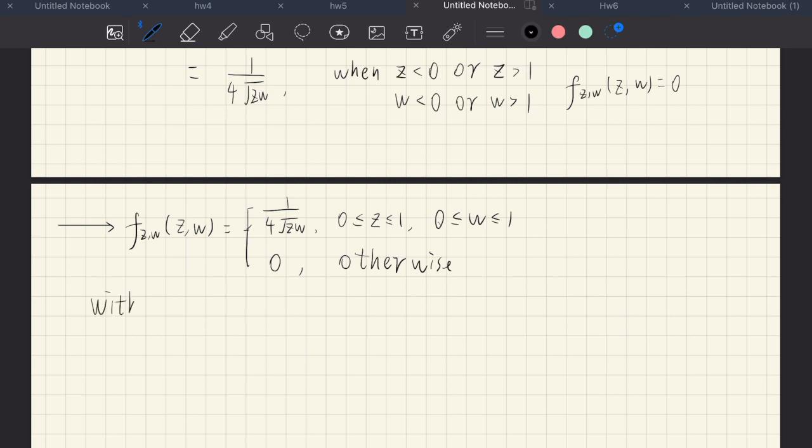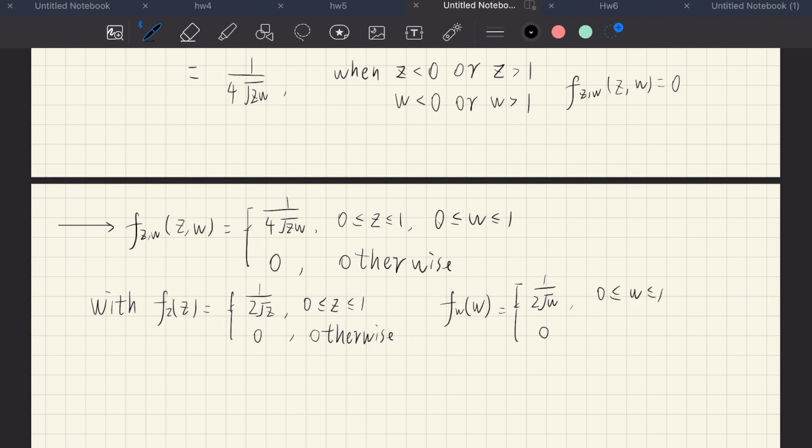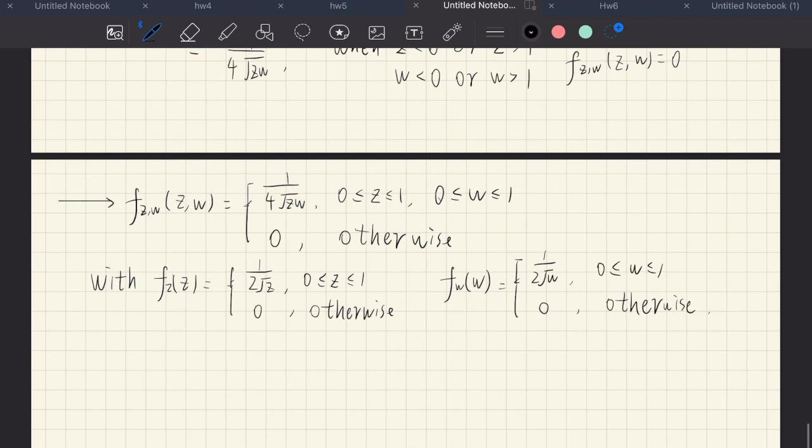So with Fz equals 1 over 2 square root of Z, and Fw equals 1 over 2 square root of W. So this is the joint density function of X squared and Y squared.